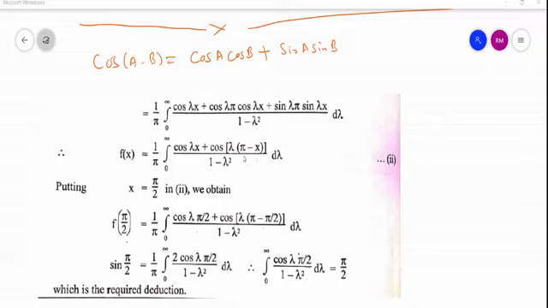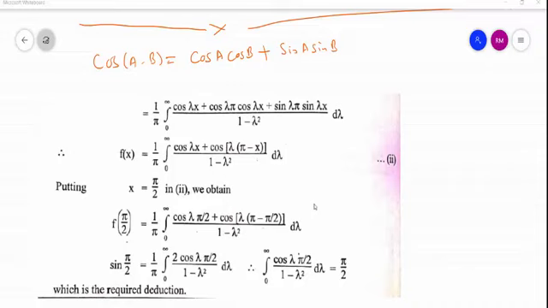So using this result, for the last two terms, second and third, we get cos of lambda, we can take outside, pi minus x, that is cos of lambda pi minus lambda x. This result we obtain, and this is nothing but the required equality which we are going to prove. We have to express f of x in the language of this.